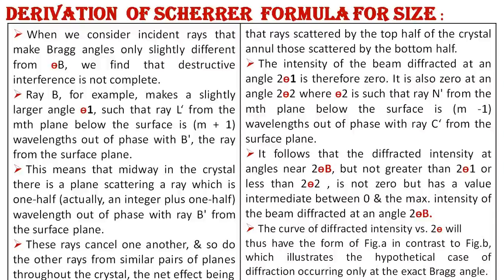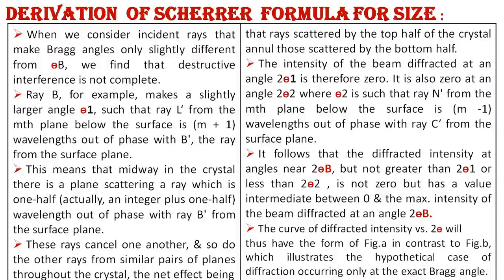This means that midway in the crystal there is a plane scattering a ray which is an integer plus 1/2 wavelength out of phase with ray B' from the surface plane. These rays cancel one another, and so do the other rays from similar pairs of planes throughout the crystal. The net effect is that the rays scattered by the top half of the crystal annul those scattered by the bottom half. The intensity of the beam diffracted at an angle 2 theta 1 is therefore 0.